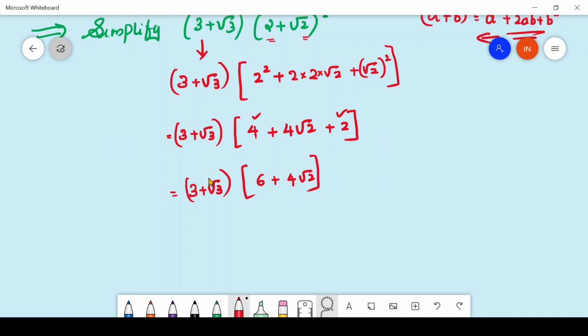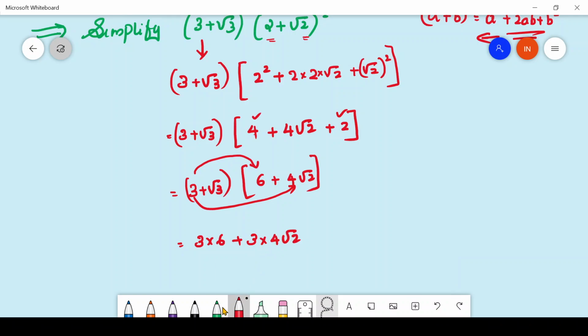Now, as we did in the previous question, you have to open the bracket with each term, right? So first I'm going to open the bracket with this 3 into 6, right? 3 into 6 plus 3 into 4 root 2.